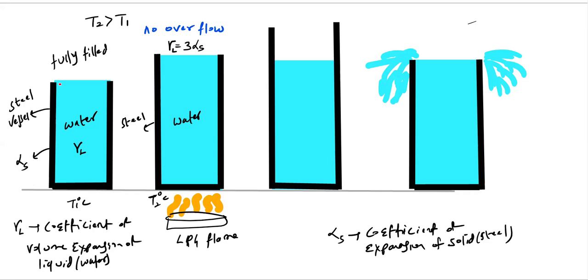When initially the liquid fully fills up the solid, on raising the temperature, if there is no overflow and the liquid again fully fills up the solid, then definitely how much the solid expanded, that much the liquid will expand. Then the volume expansion of the liquid should be equal to the volume expansion of the solid. That's one possibility. Next, another possibility.